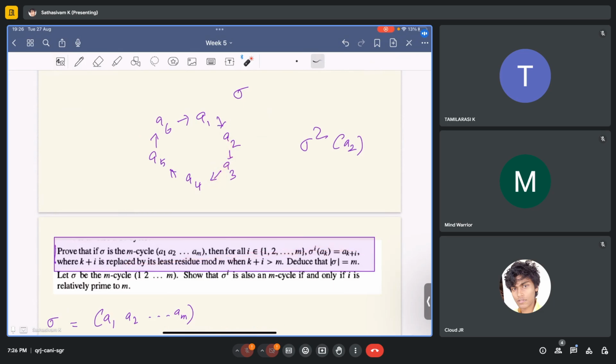That is what this statement says. It does not say anything really big, although it looks like there is some mod etc., basically it says sigma square is the same as going twice. That we anyway know. So if you apply sigma square to a2, it goes to a4. That a4 I can write as a2 plus 2.